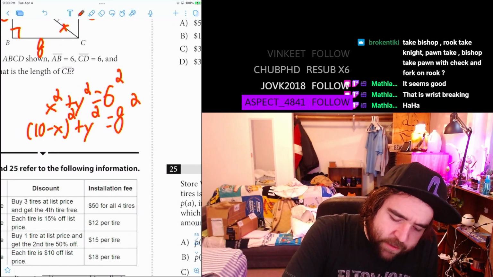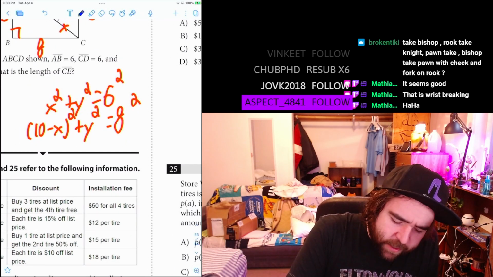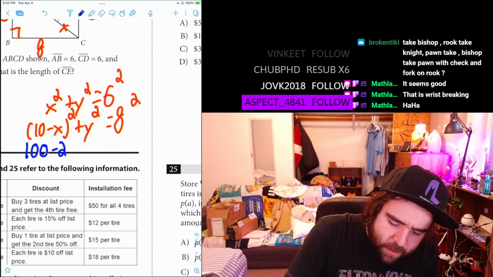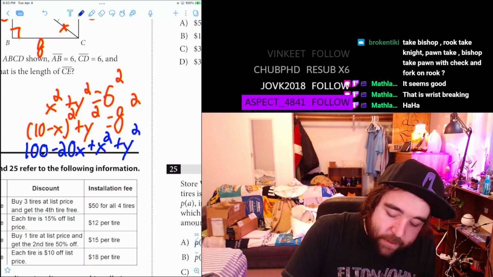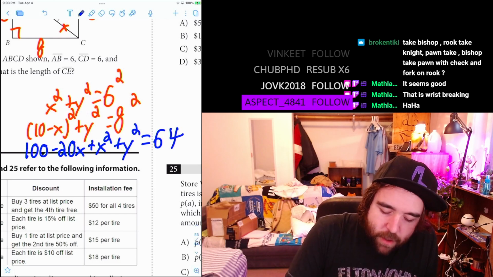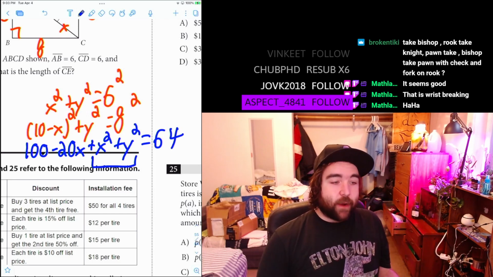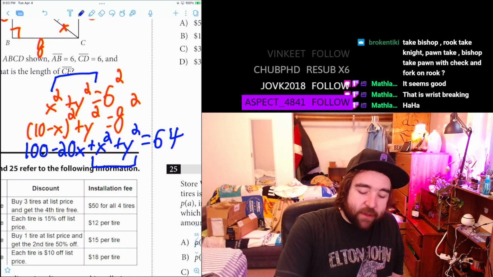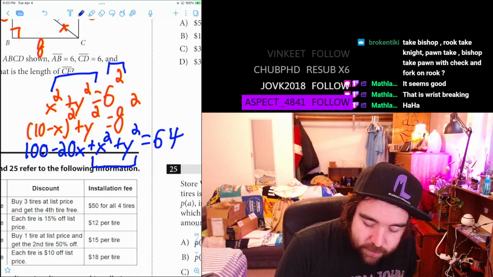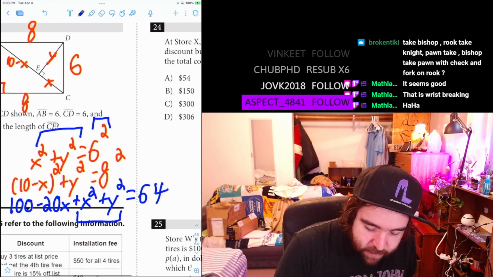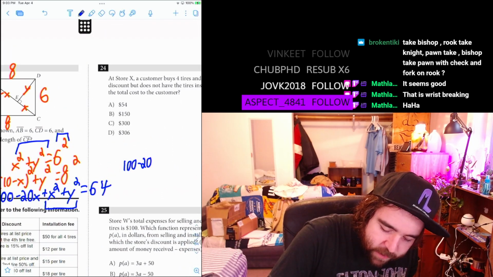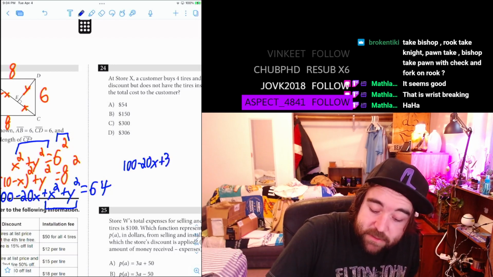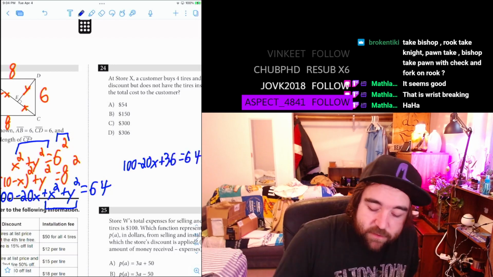Here's what we're going to do. We're going to be a little fancy with it. We're going to distribute this. So 100 minus 20x, plus x squared plus y squared equals 64. But what is x squared plus y squared? We know exactly what that is. X squared plus y squared is 36. So what we really have is 100 minus 20x plus 36 equals 64.